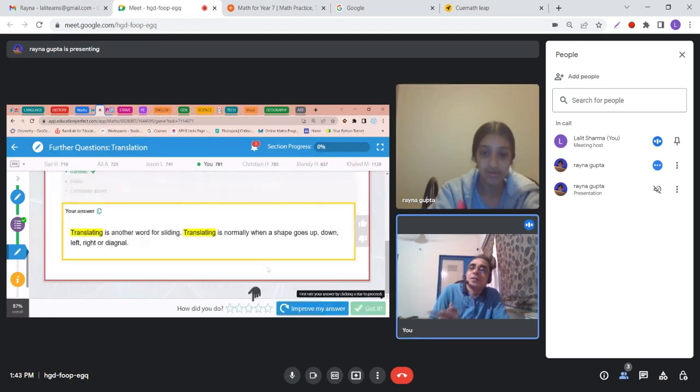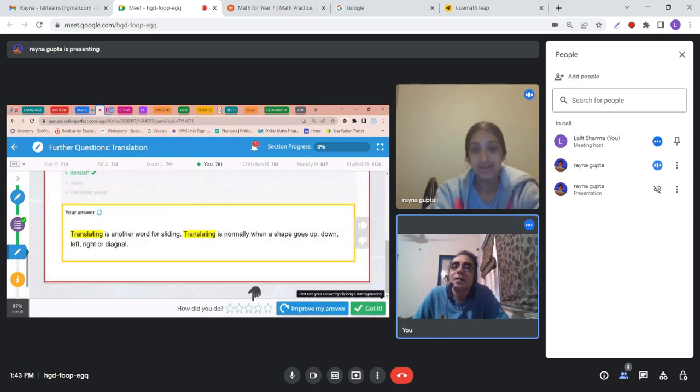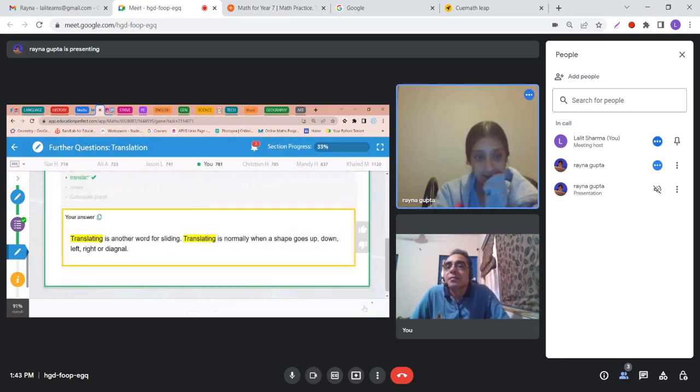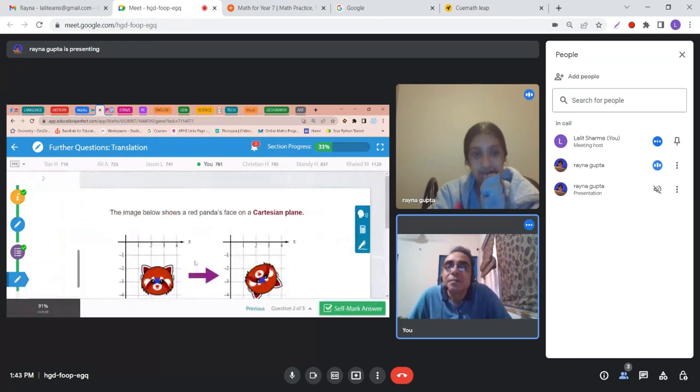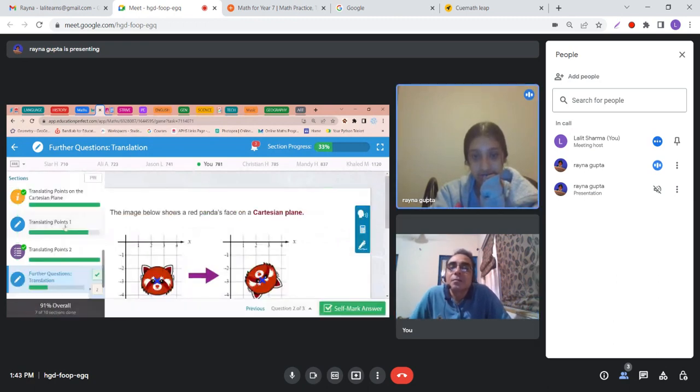Yes, that is across the X or Y axis. It should be translation, not translating.